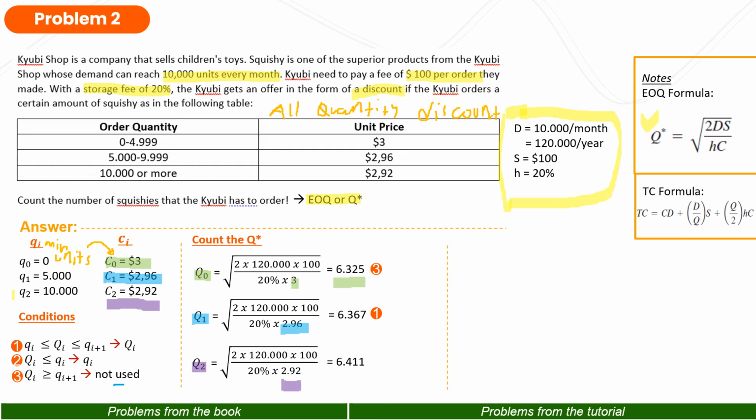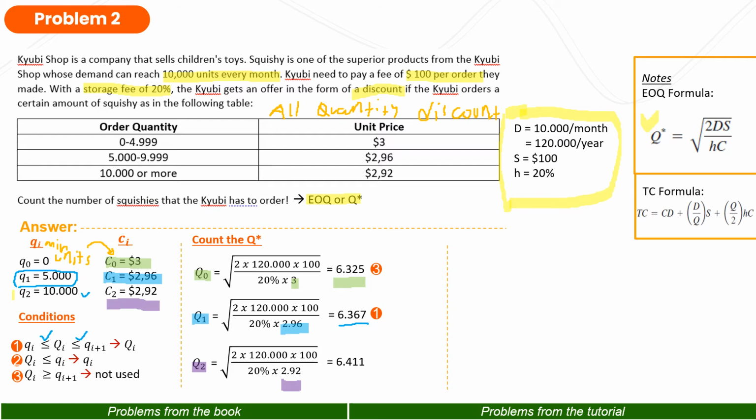And then for the Q1, we look at the first condition. The Q star 1 is 6,367, and the little q1 is 5,000, and yes, the Q star 1 is bigger than the little q1, and it is also smaller than the little q after, that is q2, that is 10,000.